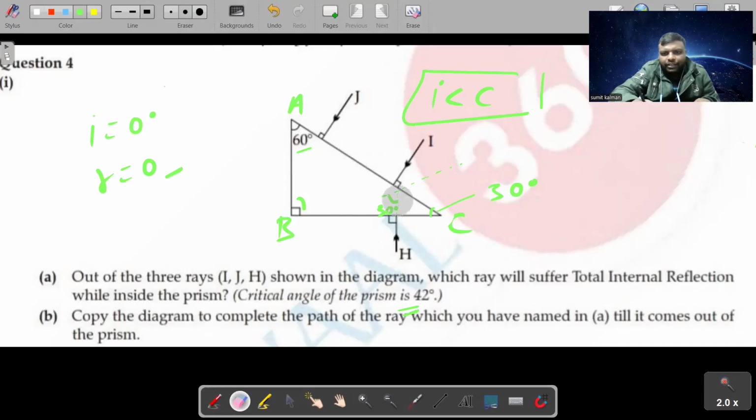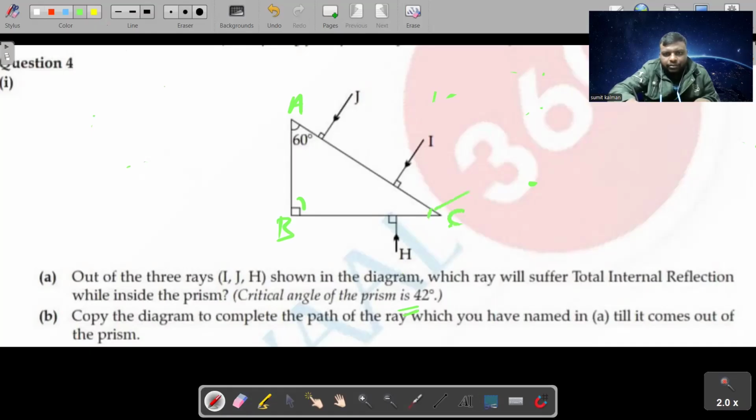And students, similarly, if you see ray I, it is also perpendicular to the side AC of the prism. So this ray I will pass undeviated, and it will strike on the side BC of the prism.